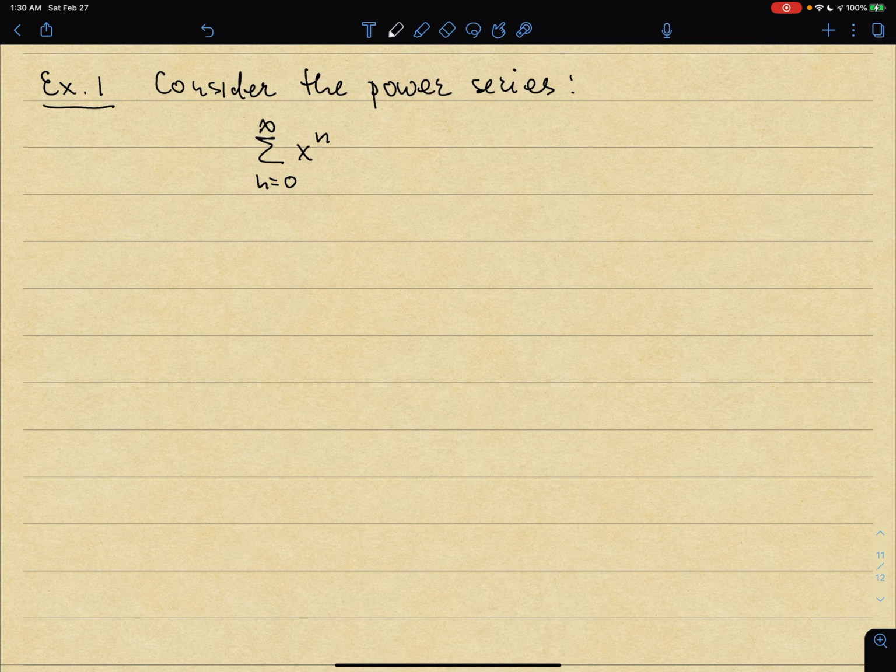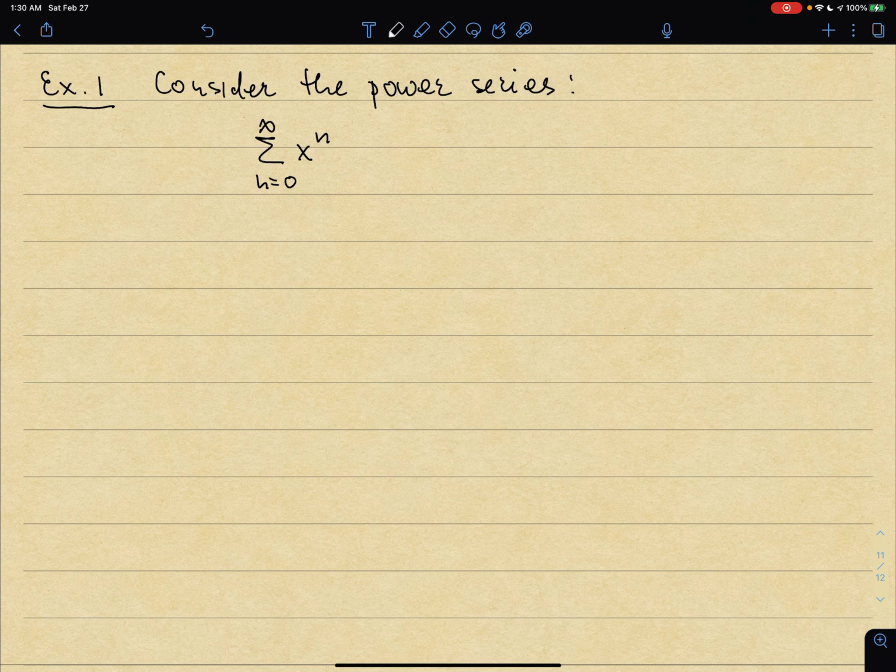For this power series I know that all coefficients of the series are 1. And actually what distinguishes 2 different power series is the set of coefficients, an, right? So in this case, all an's are equal to 1. And the question is, where does this power series converge pointwise, for which values of x?